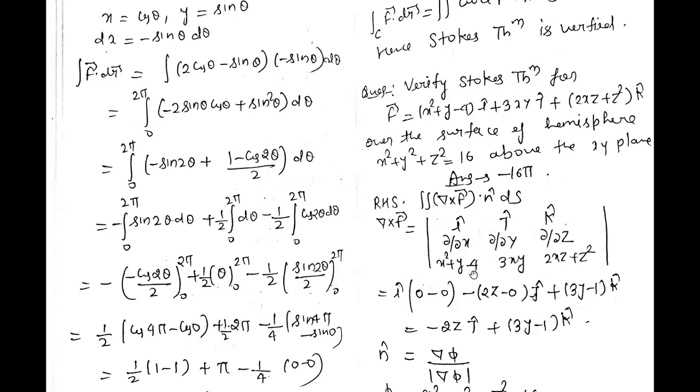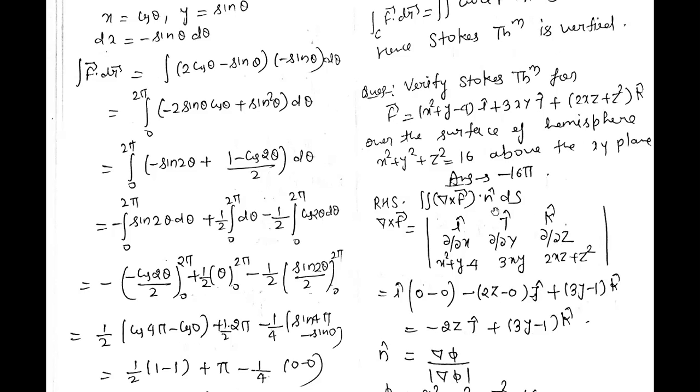So for i cap, del upon del y of 2xz plus z square: that means there is no y here, so its differentiation will be 0. So 0 minus del upon del z; there is no z here, so the differentiation will be 0. So 0 minus 0, minus j cap.